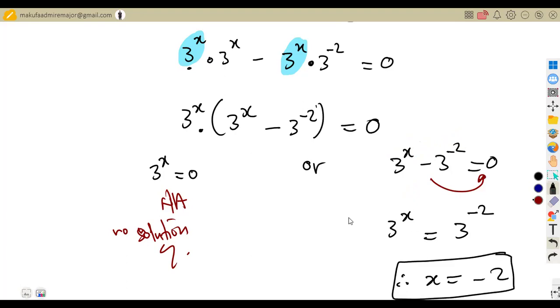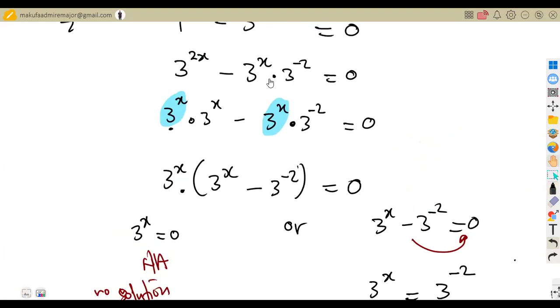Okay, like I said, there are different ways of solving these equations. We could have introduced the k concept.